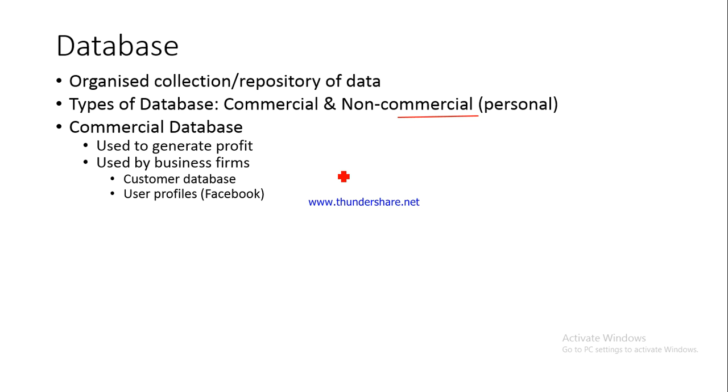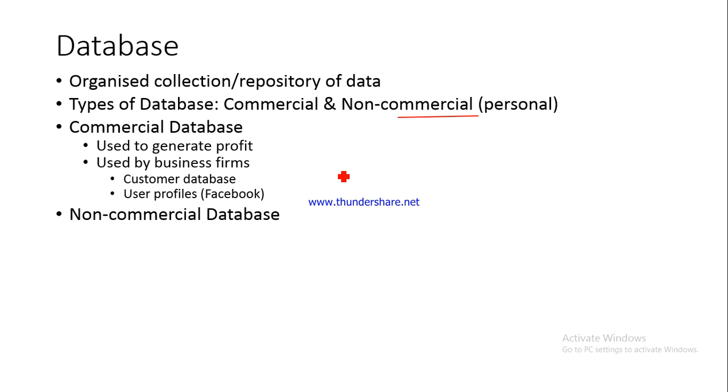So this is how Facebook actually monetizes its database of customers, and uses it to earn and generate profit. And that is why we can say that though they are providing us services for free, actually it is not free, because they are collecting our data and then making commercial use of that data, right? So this is one example of how commercial database is made use of.